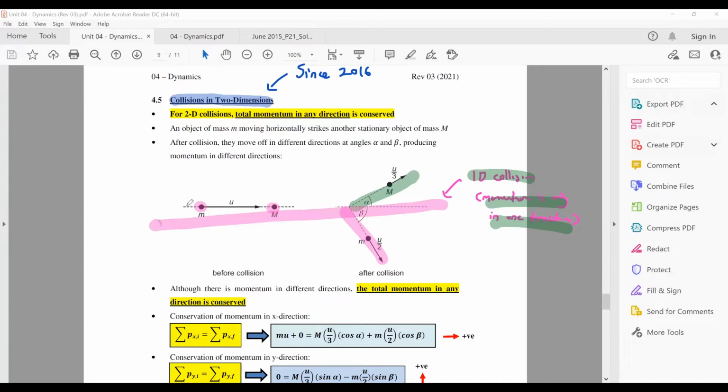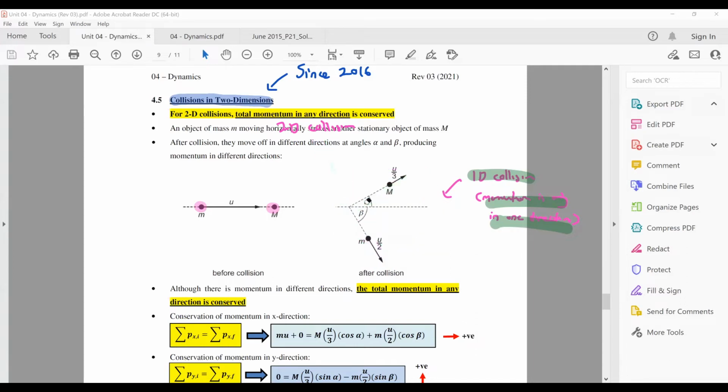Previously, in all the examples you've done, your objects were always moving in a straight line before and after collision. If after collision they don't move in a straight line, they move in different directions like this, this is what we call 2D collision.